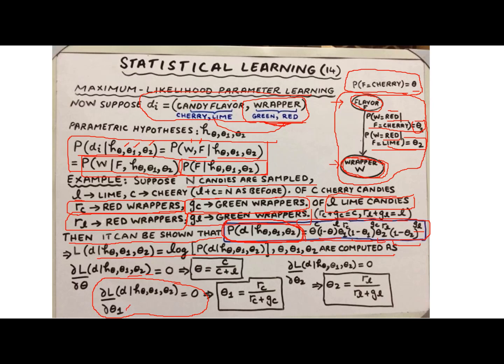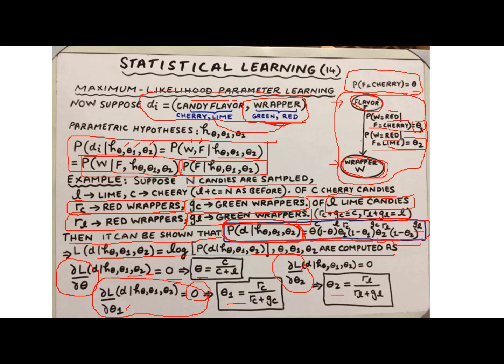So the partial derivative of L with respect to θ1, set to 0, gives us the value of θ1. Taking the partial derivative of L with reference to θ2 and setting it to 0, we compute the value of θ2, and taking the partial derivative of L with reference to θ, setting that derivative to 0, gives us the value of θ.